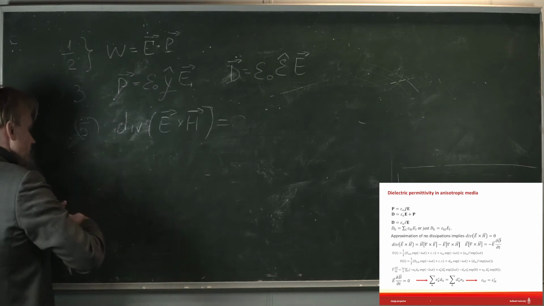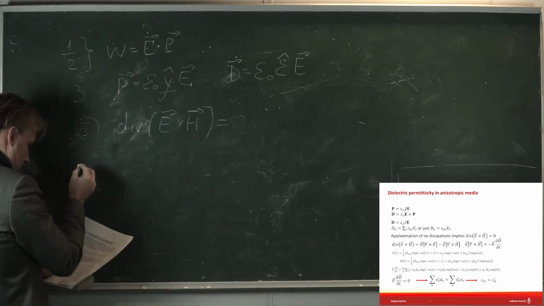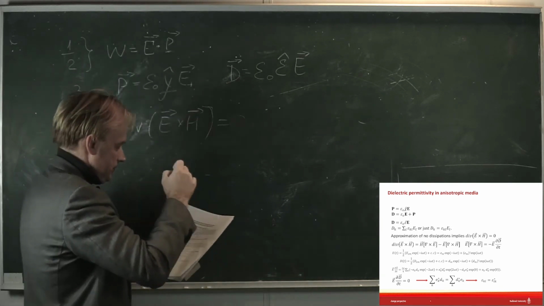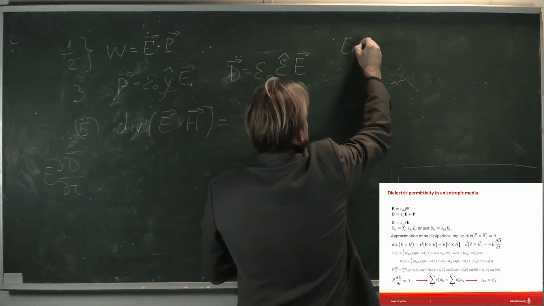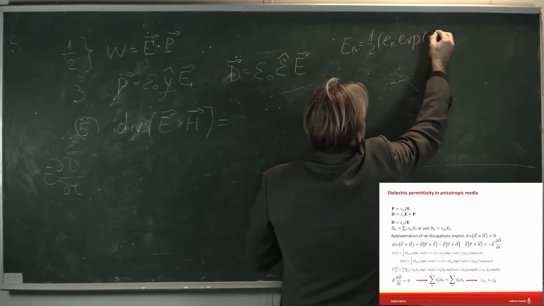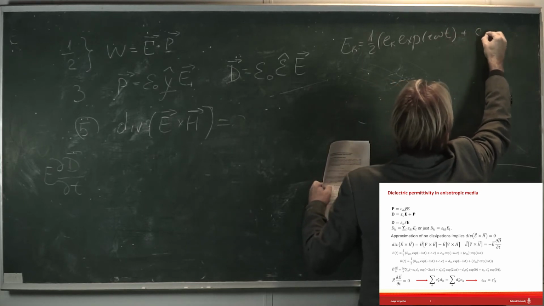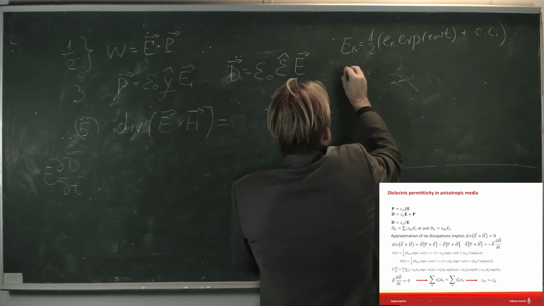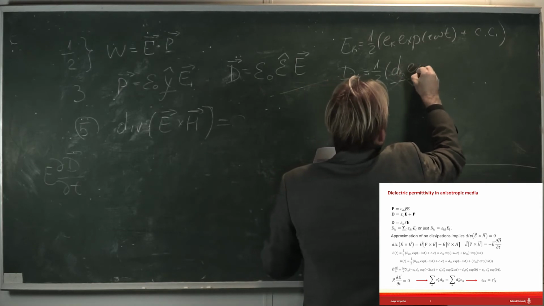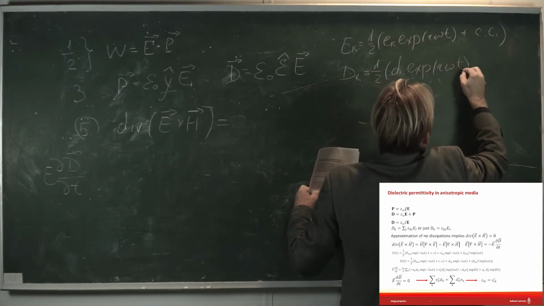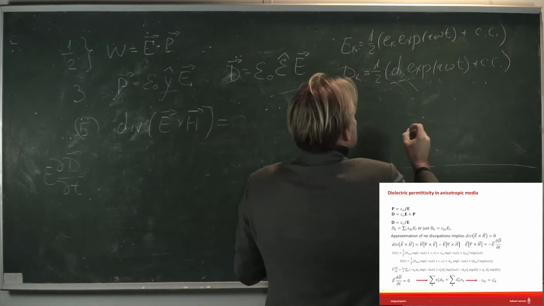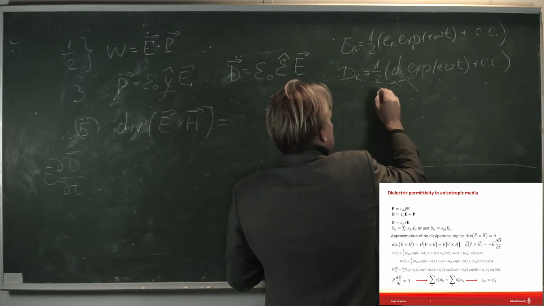Then I take this term and define E_k as 1 over 2 k exponent, then obviously k epsilon.